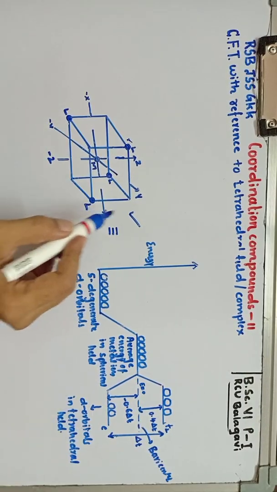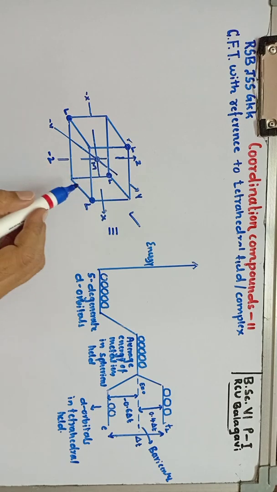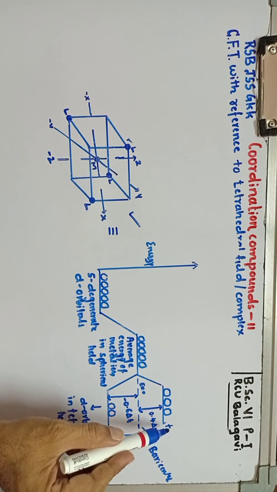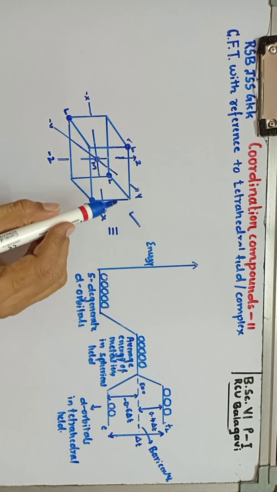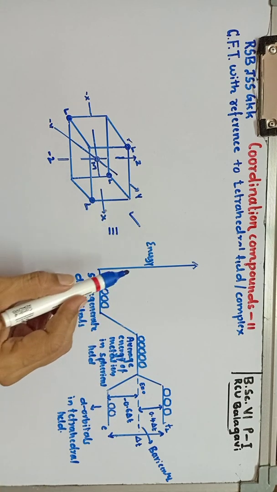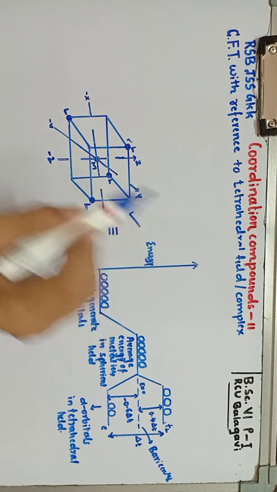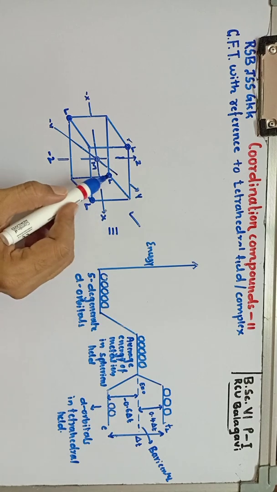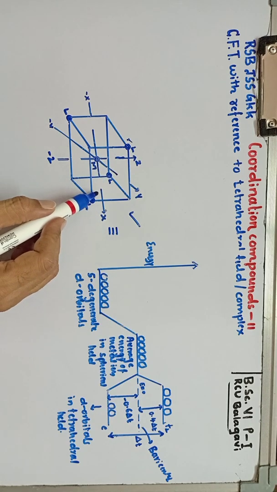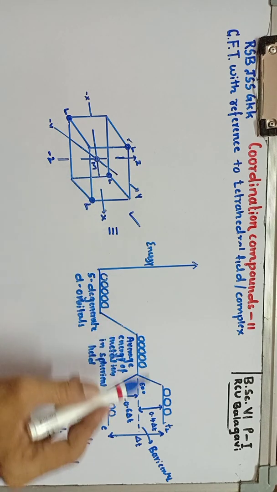Thus, in tetrahedral complexes, the T2G orbital energy increases more when compared to the EG orbital, which is exactly opposite to the octahedral field, where the T2G orbital energy is less when compared to the EG orbital. But in a tetrahedral complex, T2G orbitals are nearer to the ligand field, therefore T2G orbital energy increases more.